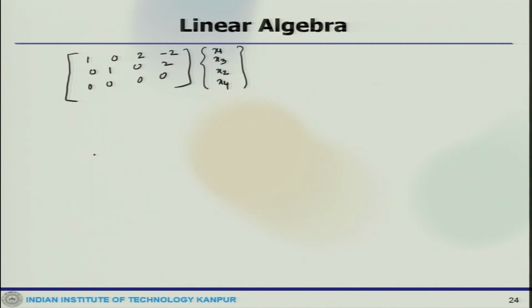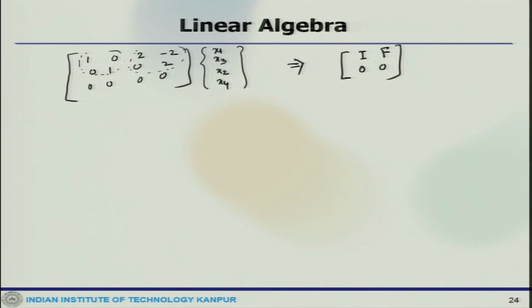Here we can see this is a block of identity matrix, this is another block of free variables. So, one can write this as identity matrix, free variable, 0 and 0.